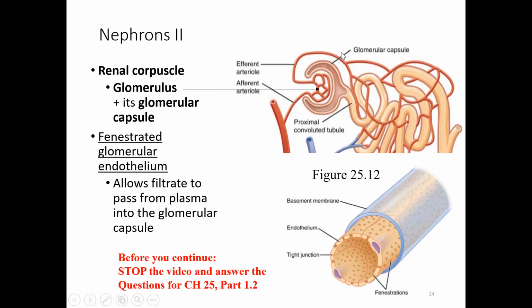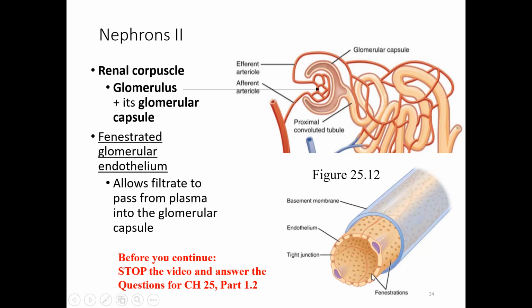Next one, renal corpuscle. The glomerulus, together with the glomerular capsule surrounding it, all together we call the renal corpuscle. Inside of the renal corpuscle, that glomerulus is made of capillaries, and the walls of those capillaries are made of fenestrated glomerular endothelium.